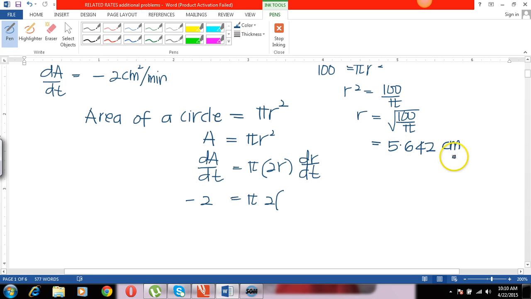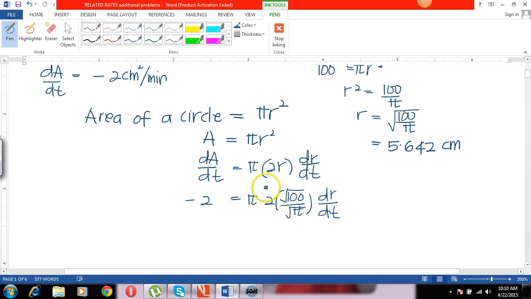So you can substitute this equation. We have to find dr over dt, right?